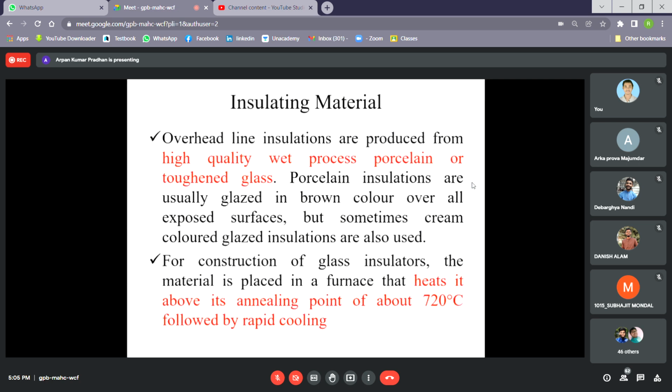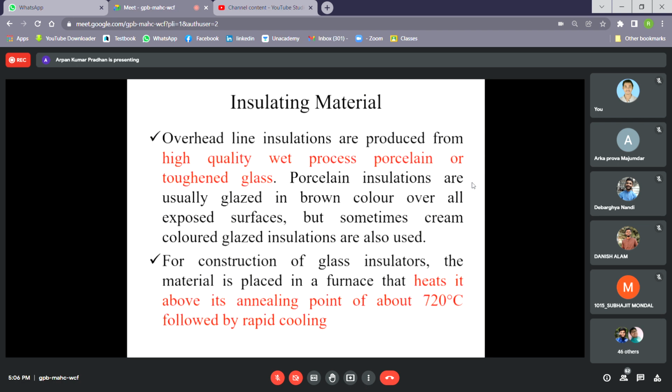Generally, in an overhead transmission line, we use porcelain insulators or toughened glass insulators. While constructing glass insulators, the glass is heated to around 720 degrees centigrade and then cooled down rapidly.